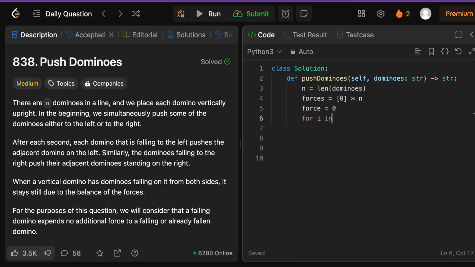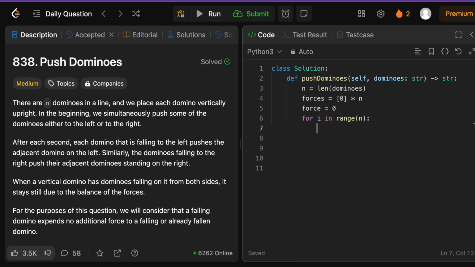So for i in the range of n, we know this is left to right, and so it's just a very standard loop in the range of n, where we iterate through each character of dominoes from left to right. The first thing is, if our current domino is falling to the right, we then have to set that maximum force.